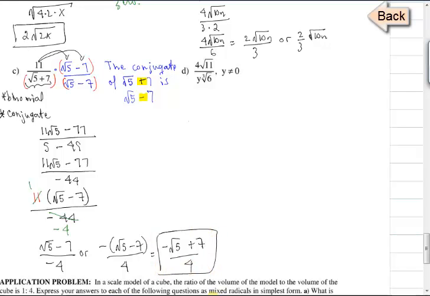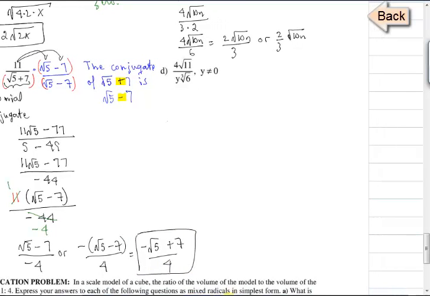Okay, so in our last example, we have two things going on. Number one, we have a monomial in the denominator, but it is a cubed root. Okay, and in the numerator, I have a square root.